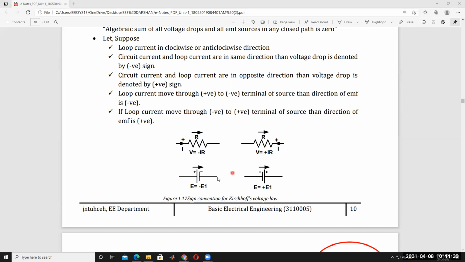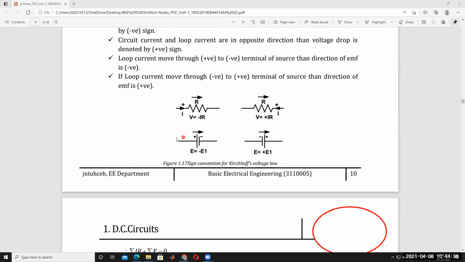These are assumptions. If the loop current enters at the positive terminal, then it is indicated by minus E1, the EMF voltage drop. If it enters at the negative terminal, it is indicated by plus E1. These are assumptions only.